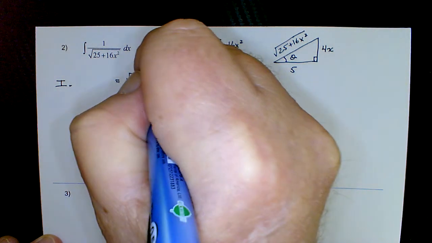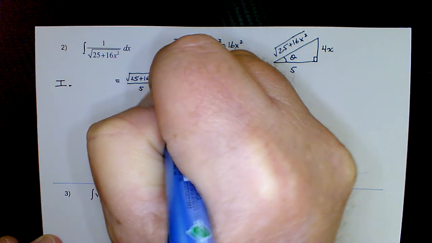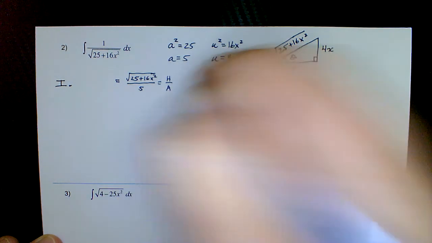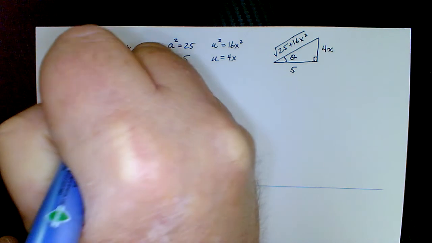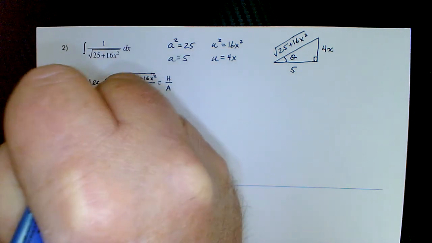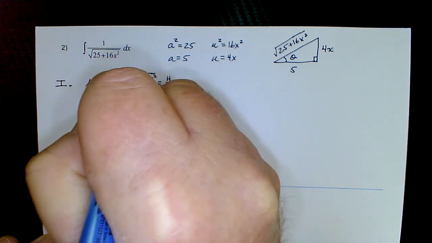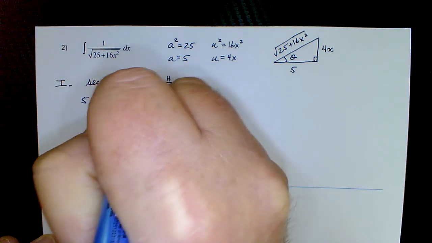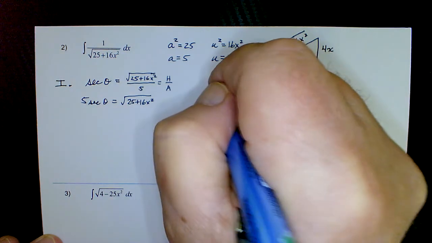And then decide what trig function you're dealing with. The radical part is the hypotenuse, 5 is the adjacent, that's the reciprocal of cosine, which is secant. So that's why I mentioned that moments ago. And then we solve for the radical part. So 5 secant theta is the radical part. Okay, so we're done with that step for now.